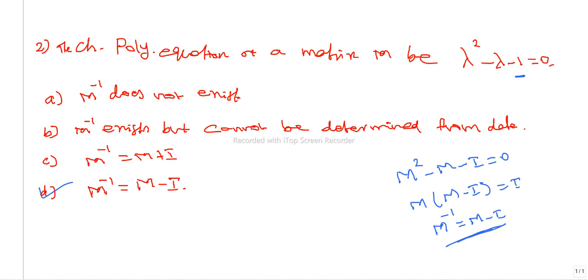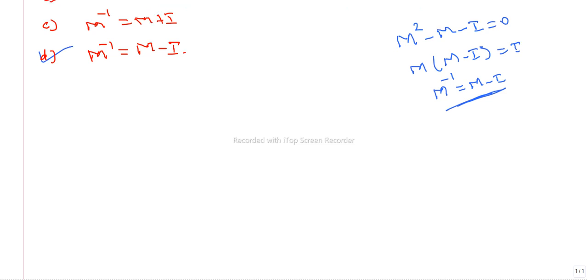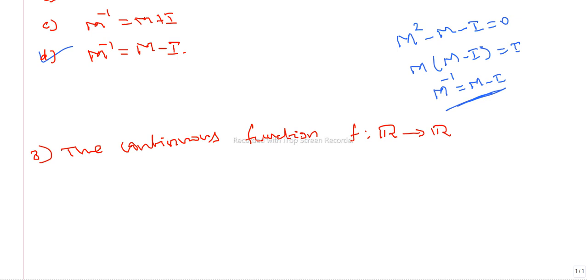Okay, now the next question from real analysis. Third question: suppose a continuous function from R2 to R is defined by f of x equal to (x square plus 1) to the power 2003.